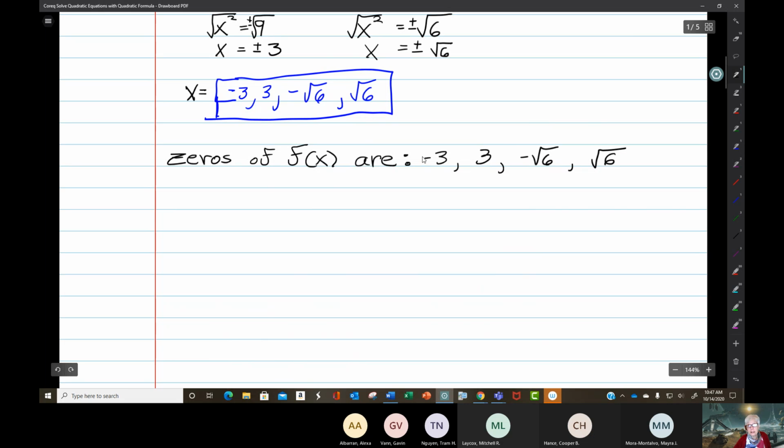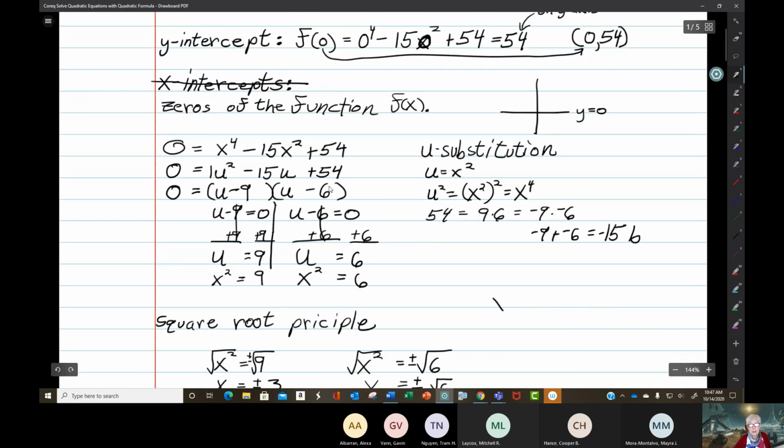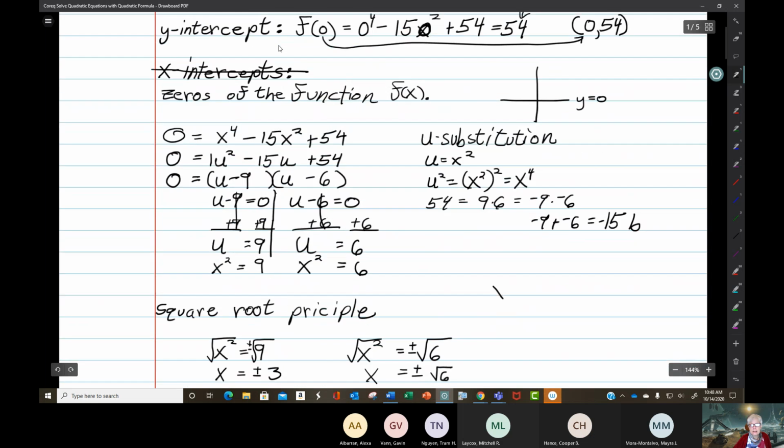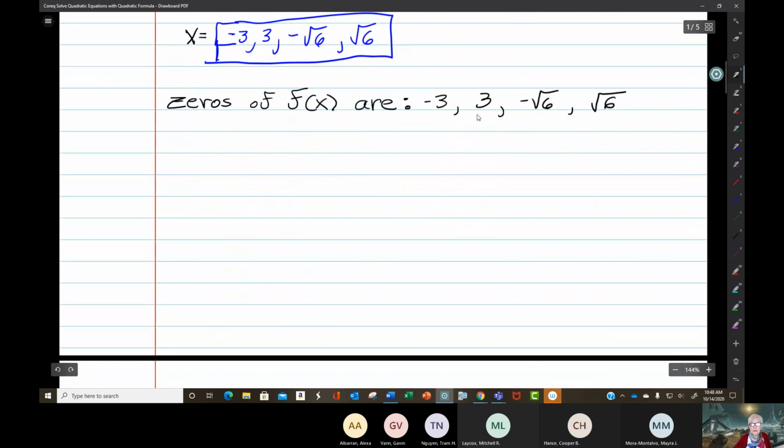There have to be 4 zeros, because the degree of the polynomial is 4. Whatever the highest degree is, that's how many zeros you're going to have.